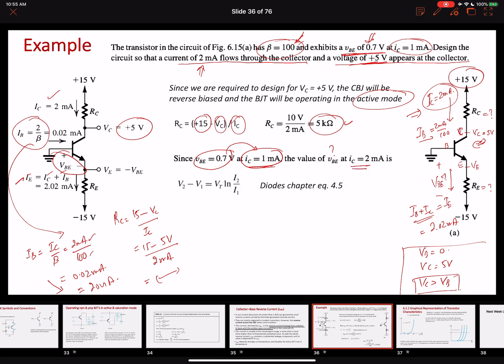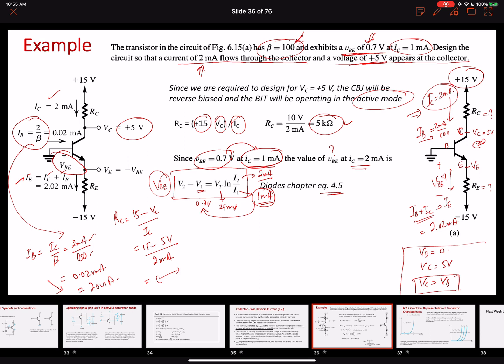In order to solve that, we can use this equation from the diode. If you remember the PN junction again, this is the equation. Over here, V2 is the new value of VBE, V1 is the old value of VBE, and VT is the thermal voltage. I2 is the new value, 2 milliamperes, and I1 is the old value, 1 milliampere, at which you have the junction voltage V1 across it.